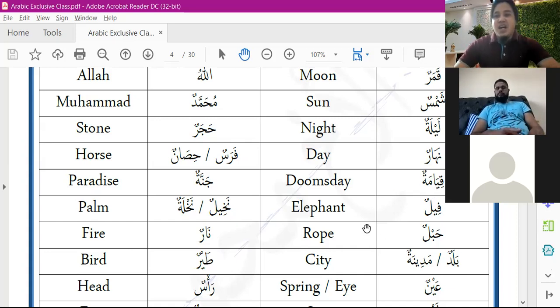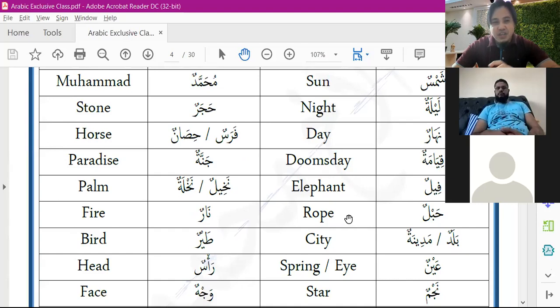And elephant in Arabic is feel. Feelun. So this one is very easy to remember because in English you have to feel something. To feel, that is in English, right? To feel something. So feel in Arabic is elephant. Okay? Now the rope. So we can use these things in our everyday conversations with anybody.